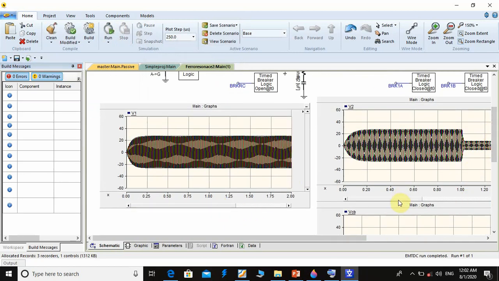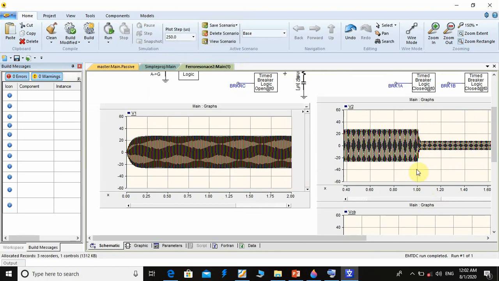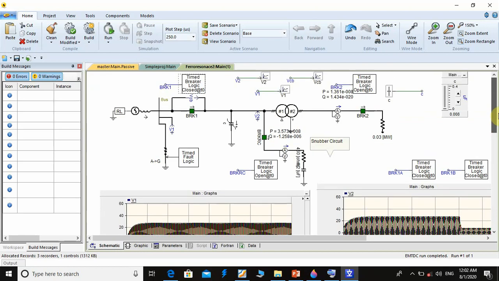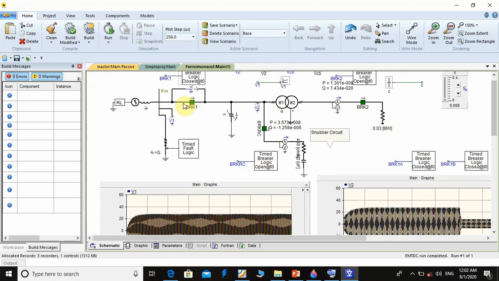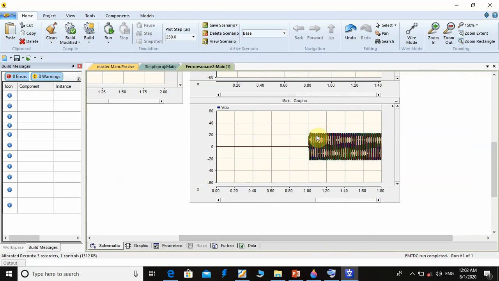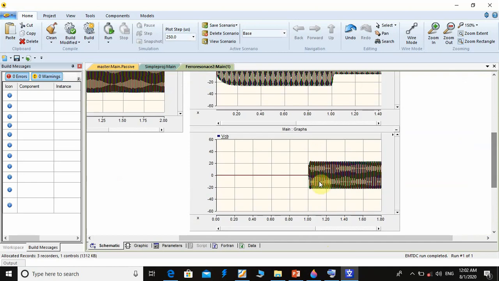Here you can see the voltage. Closed for 1 second, then the circuit breaker opens. Also, I have the voltage across the circuit breaker contact, VCB. You can see here VCB. When the circuit breaker is closed, the voltage across the contact is 0, but when the circuit breaker opens, we get the system nominal voltage to earth.